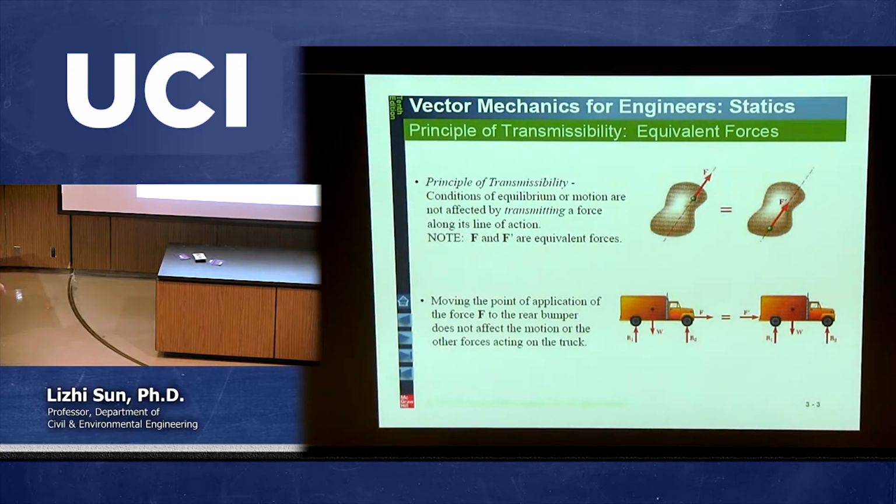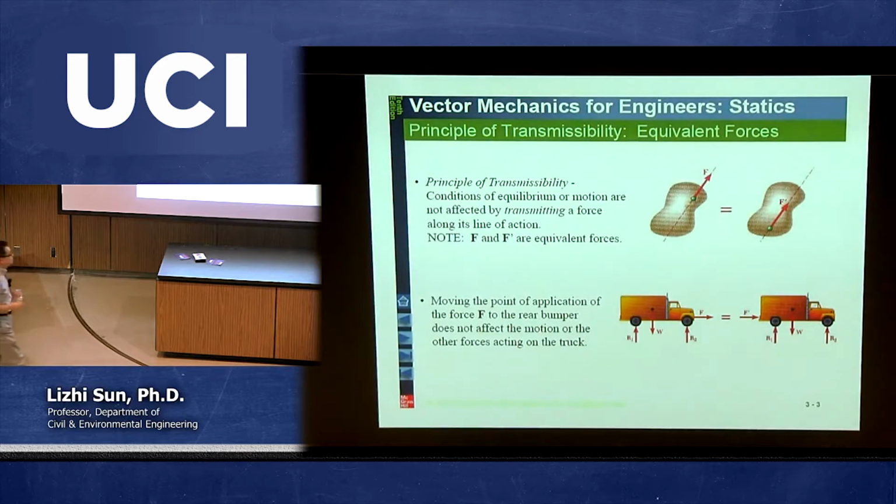I hope you understand that whenever we talk about a principle, it means it cannot be mathematically proved. When we talk about a theory or formulation, in general, we can prove it and show why it works. But a principle is normally based on experiment. That's why Newton's three laws, the first law, second law, and third law, are all principles.